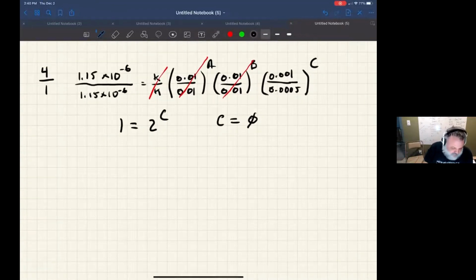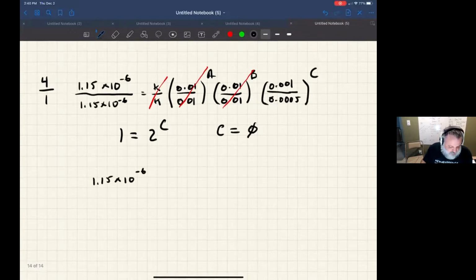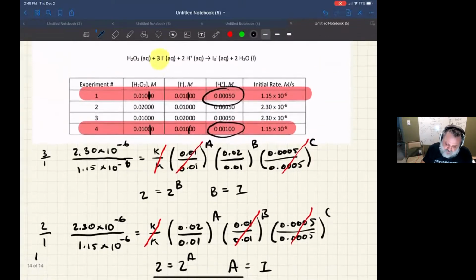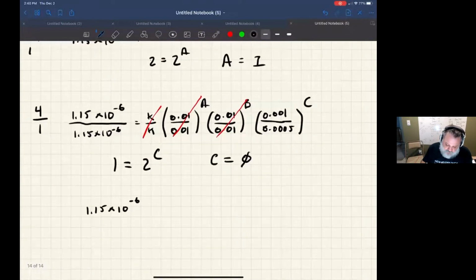So what I'm going to do now is I'm going to figure out the rate constant. Looks like I'm going to use experiment number 1 to do that. And then I'm going to get, so let me write in my units because my units are important now.